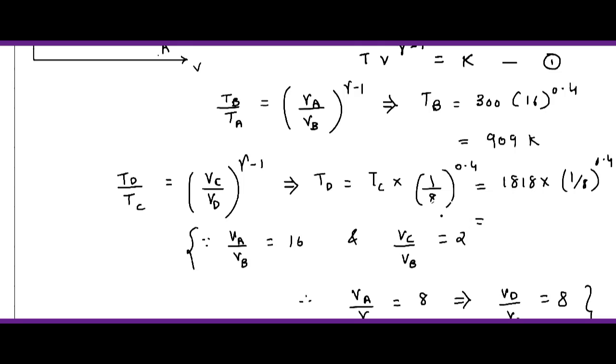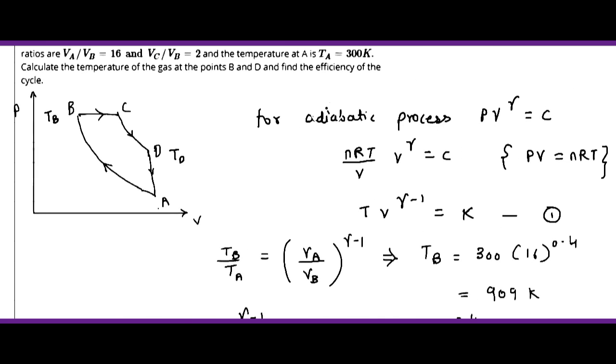We will directly substitute it, so instead of TC we write 1818, and solving this we get the answer 791 Kelvin. So the temperature at point D will be 791 Kelvin, and at TB it is 909 Kelvin. This is the first part of the question.